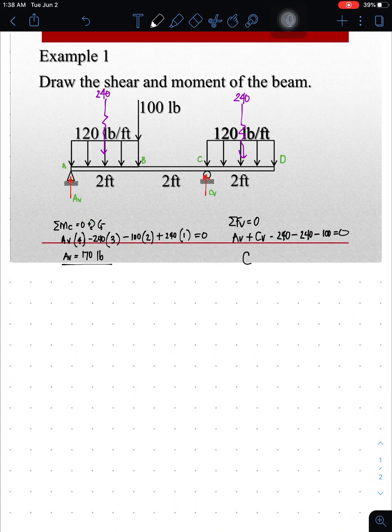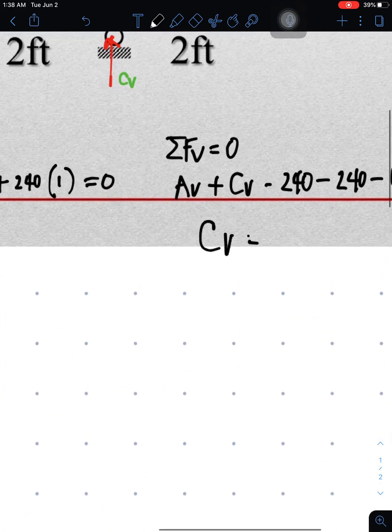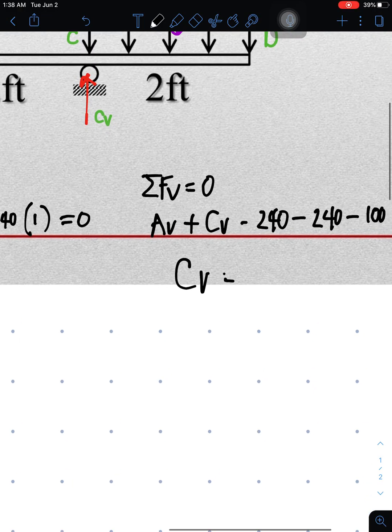So this is our CV. The value of our CV is 240 plus 240 plus 100, then minus AV, which is 170. So our answer is 410 pounds. Okay.